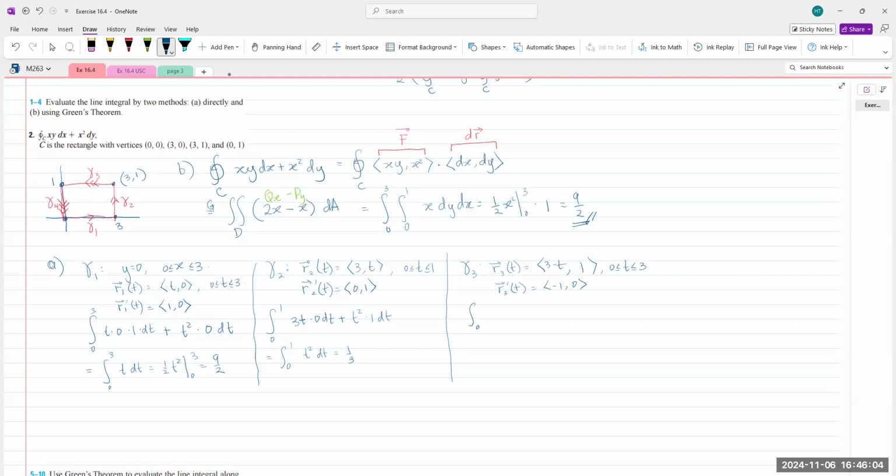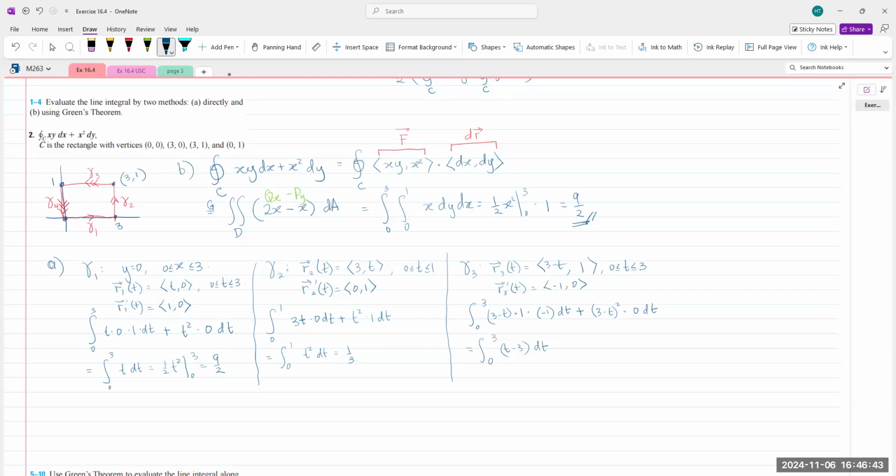The integral from 0 to 3 of xy dx plus x squared dy becomes the integral from 0 to 3 of t minus 3 dt.